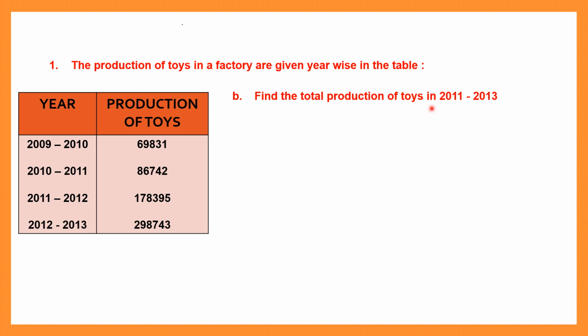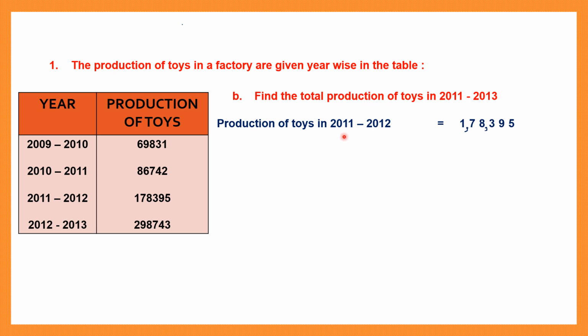That means first we need to find 2011 to 2012, that is this one, and 2012 to 2013. So let's do that. Production of toys in 2011 to 2012 is, again, let's place our commas. We have a comma here, we have a comma here. So how do we read this number? 1,78,395.